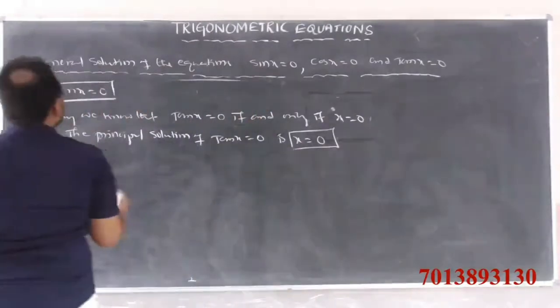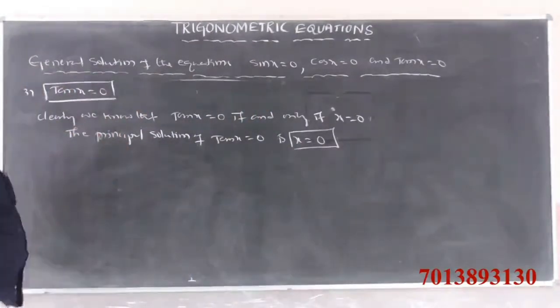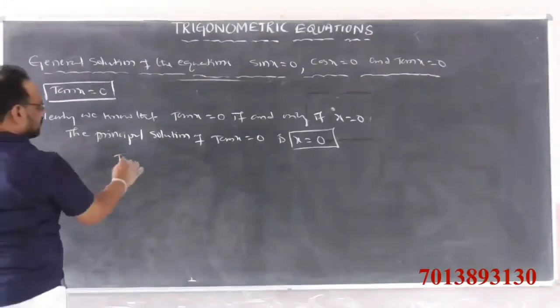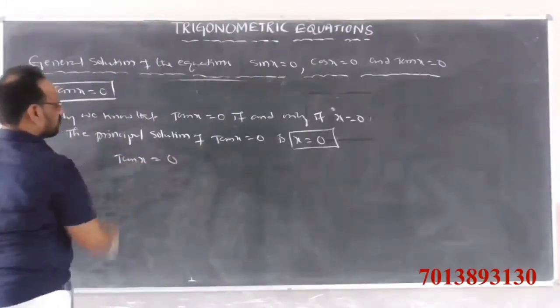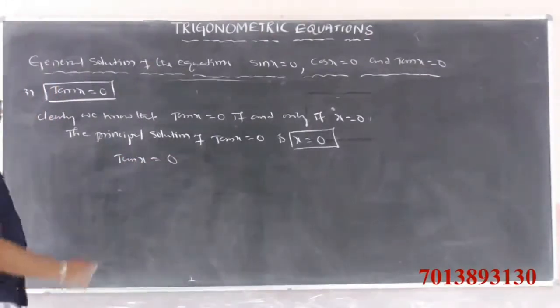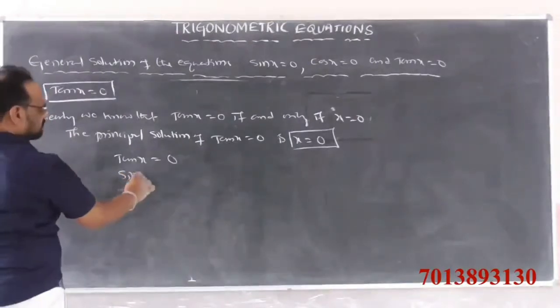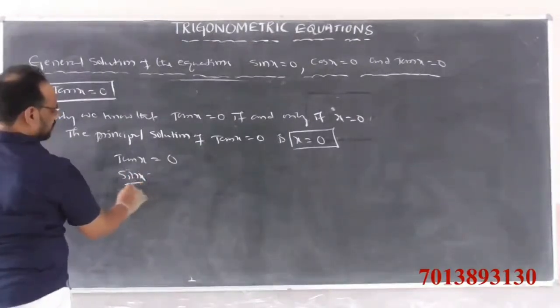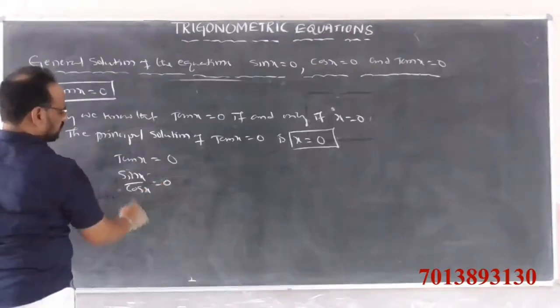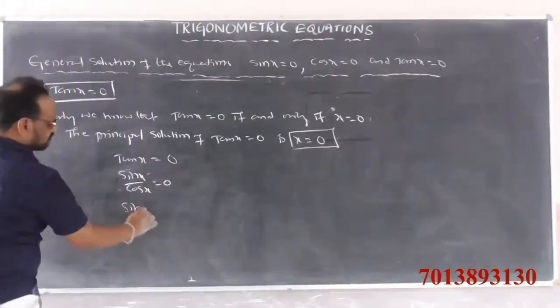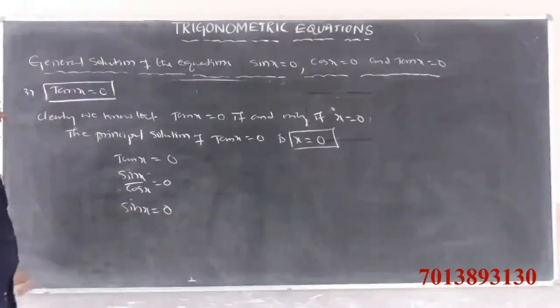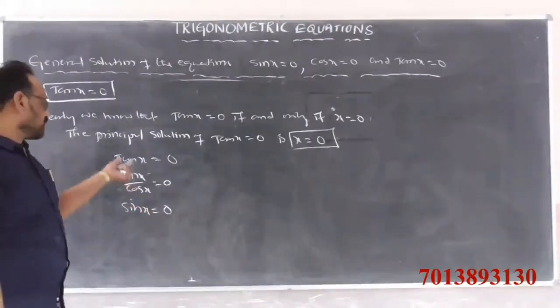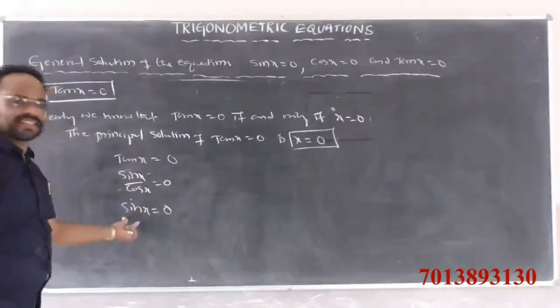We want the general solution of tan x equals 0. Tan x can be written as sin x by cos x. Sin x by cos x is equal to 0. If you transpose, we get sin x is equal to 0. So tan x equals 0 is nothing but sin x equals 0.